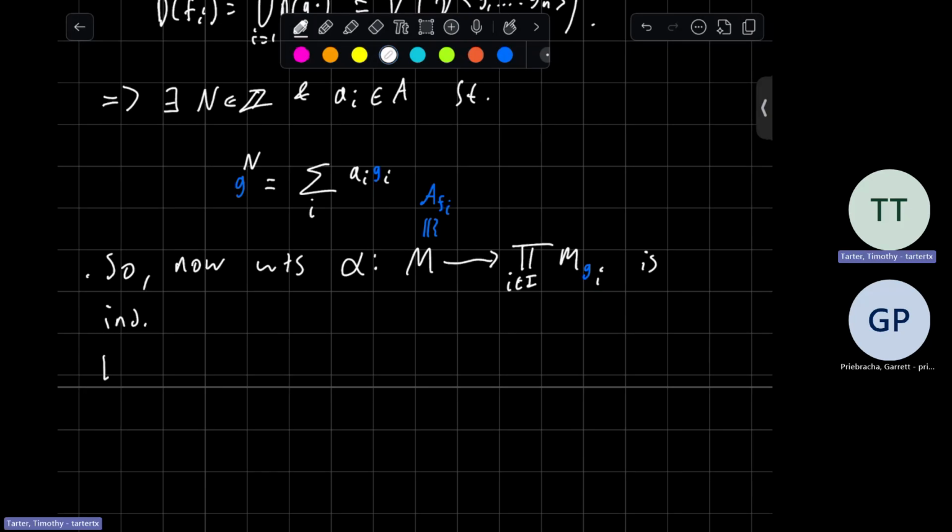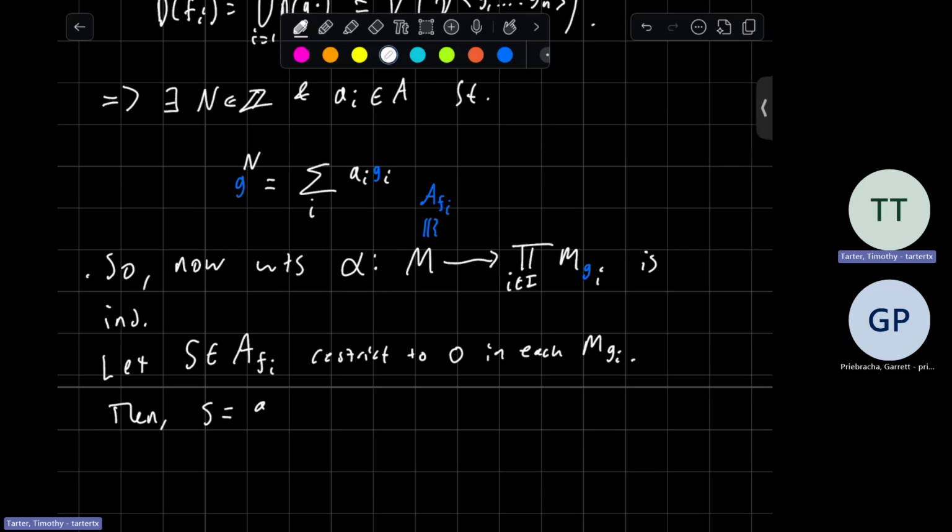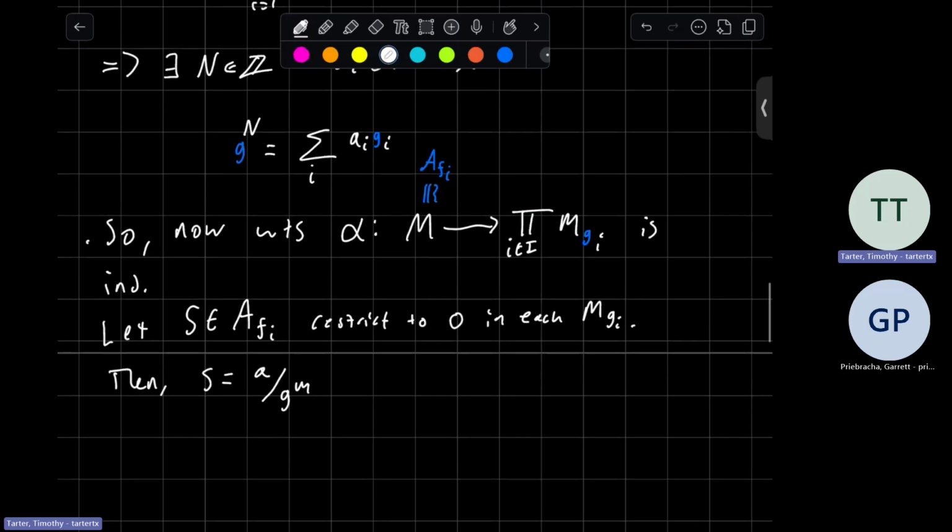Right, so let s in A_{f_i} restrict to 0 in each M_{g_i}. Then s has to be of the form a over f to the m.